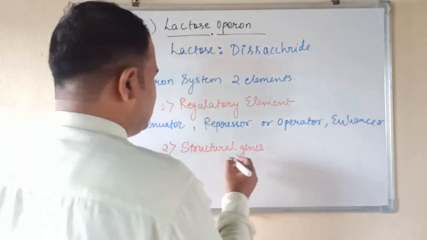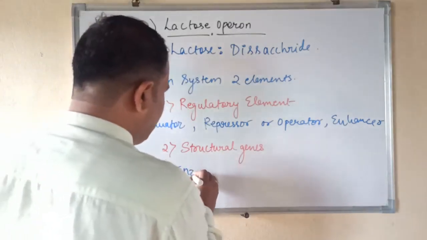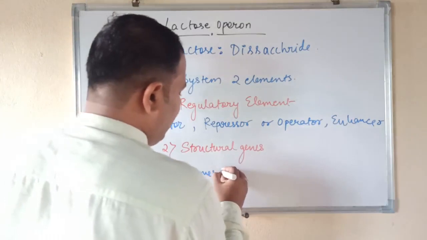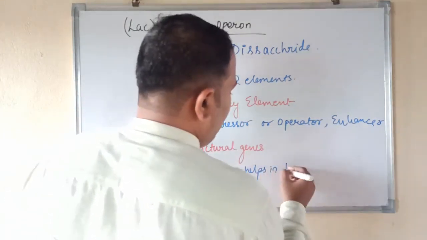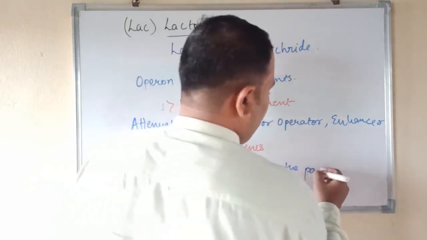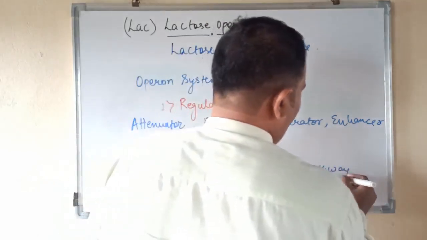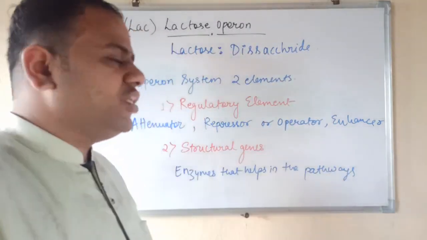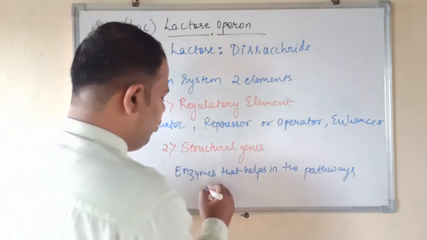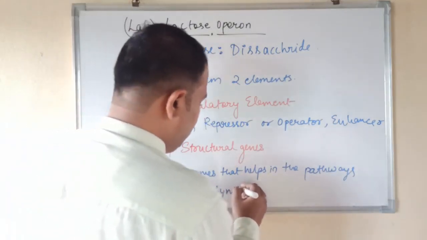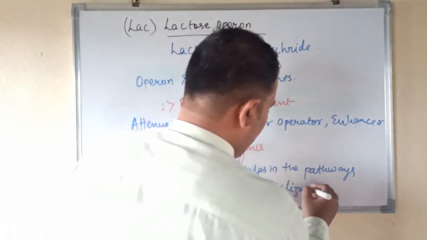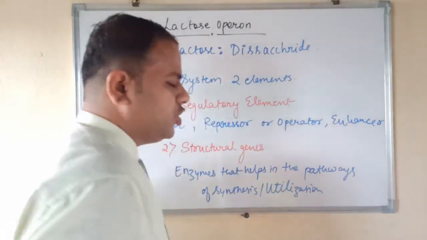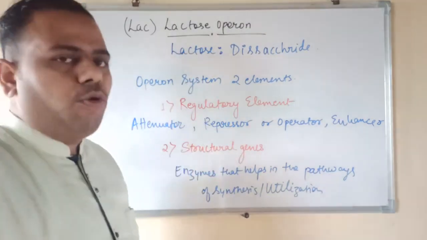The structural genes code for the enzymes that help in the pathway for synthesis or utilization of a particular substrate of which the operon is.